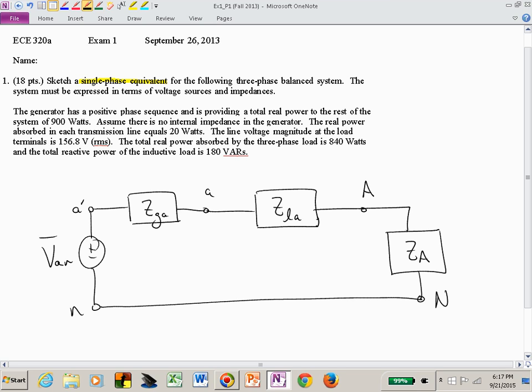But this is what I'm trying to produce with this single phase equivalent, and now I have a picture of what I'm trying to work on.